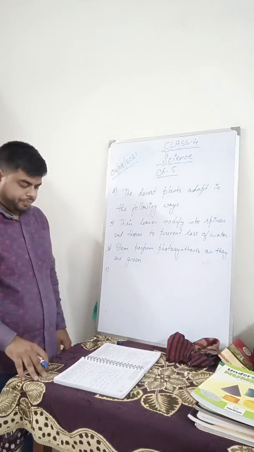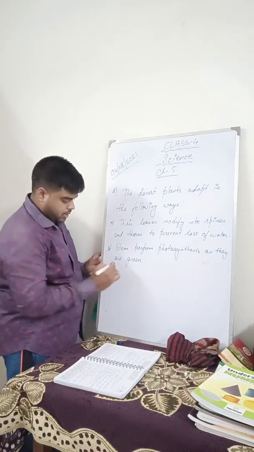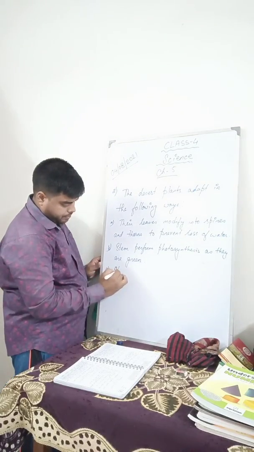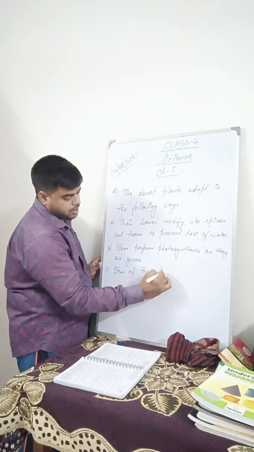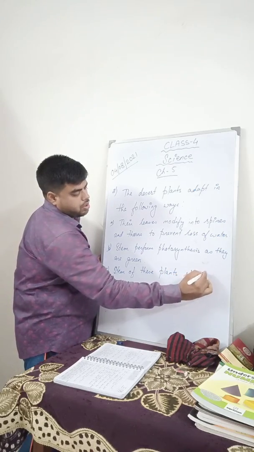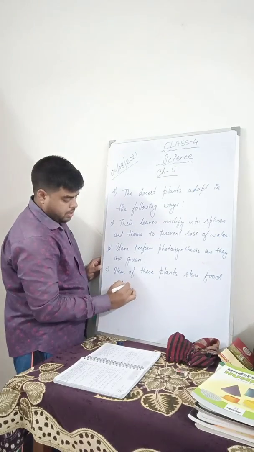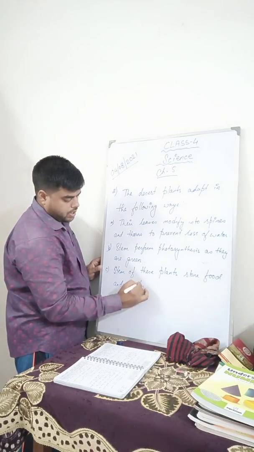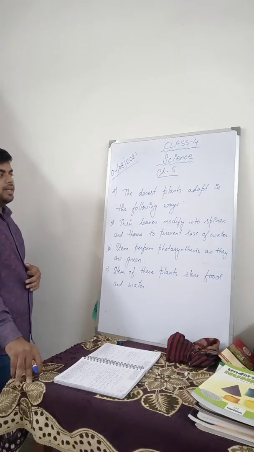Number C, stem of these plants store food and water. So these are the ways that desert plants modify themselves.